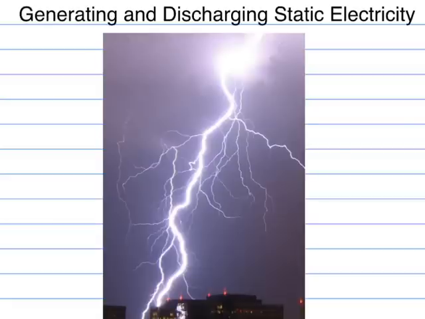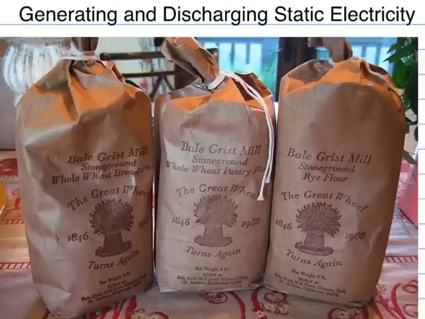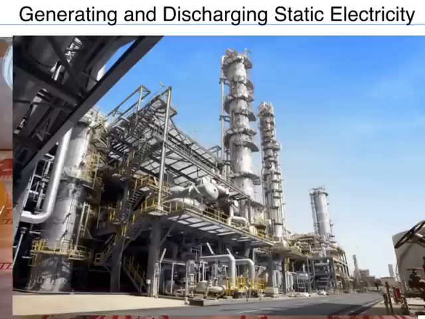Normally if you become electrically charged, you touch something and you get an electrostatic shock, and that's because the electrons are moving away, so you feel that energy change. Other problems we can have with discharging static electricity are in areas where there might be flammable materials, like flour mills, where the flour can be quite flammable, or a petrochemical plant where flammable gases are made.